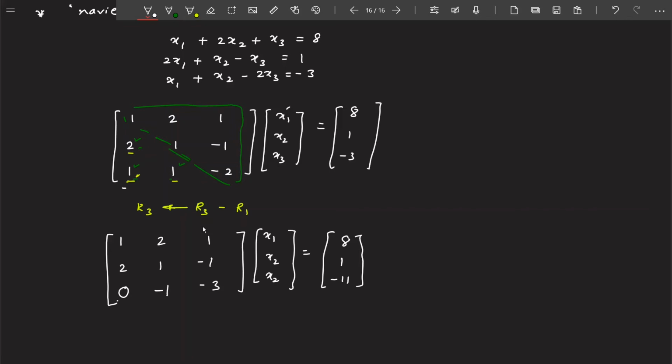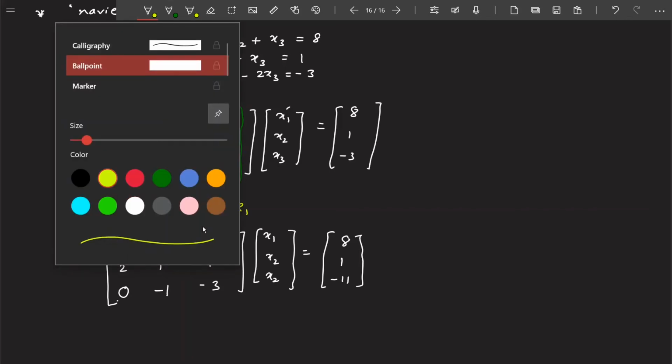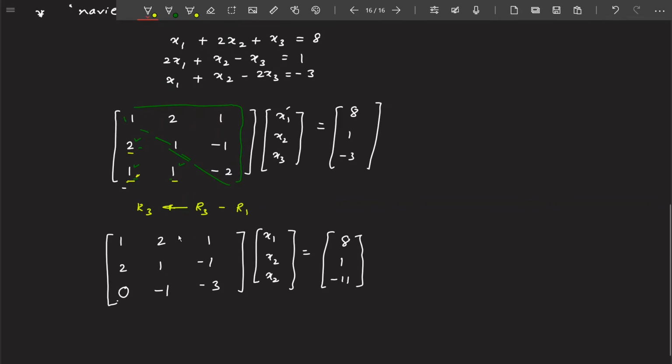So what transformation are you going to do here? You are going to write down R2, so this is your R2 minus 2 times R1.